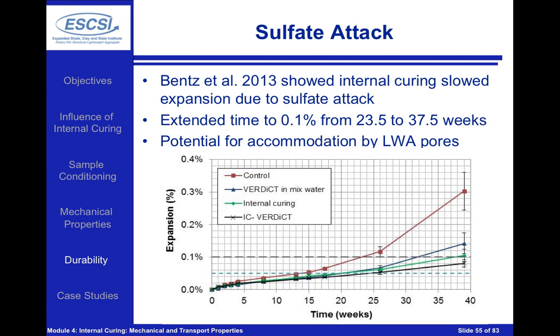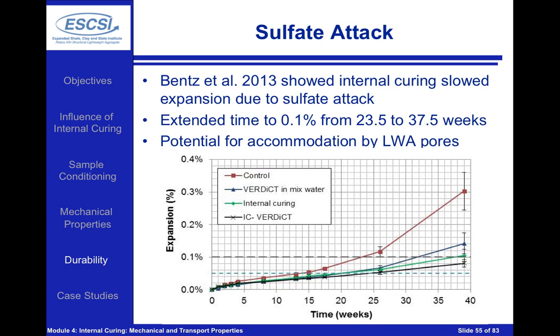Similar results have been seen by Bentz, where he was looking at internal curing to slow the expansion due to sulfate attack. Here you can see that the internal curing did work to increase the time to expansion, mainly because of accommodating the expansive pressures and products that are forming in the lightweight aggregate pores.